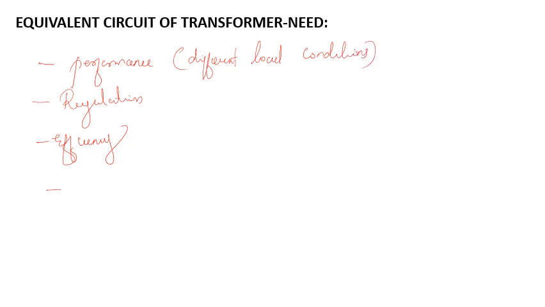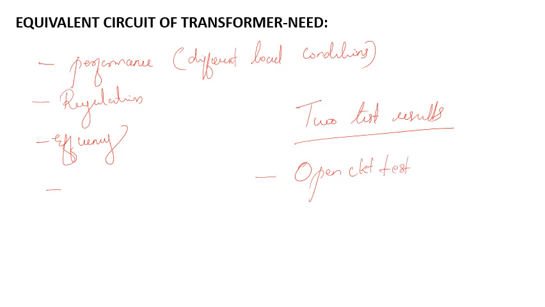And we will make the equivalent circuit of a transformer based on two test results. So what are the two test results? One is the open circuit test, also known as the no load test.